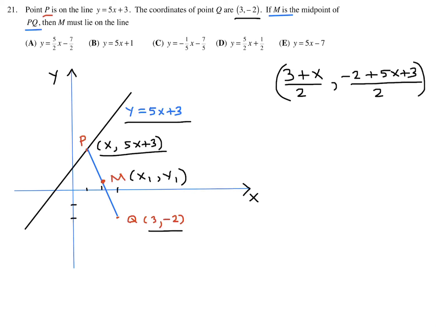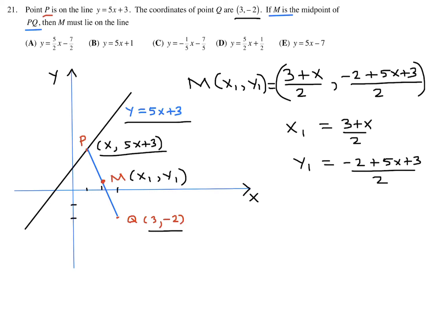And that is M, which we have called x1, y1. Okay, so I hope that makes sense. So therefore, x1 is equal to 3 plus x over 2, and y1 is equal to -2 plus 5x plus 3 over 2.